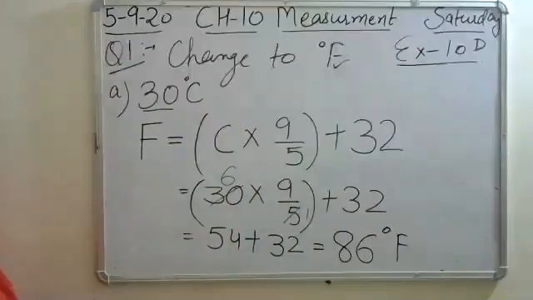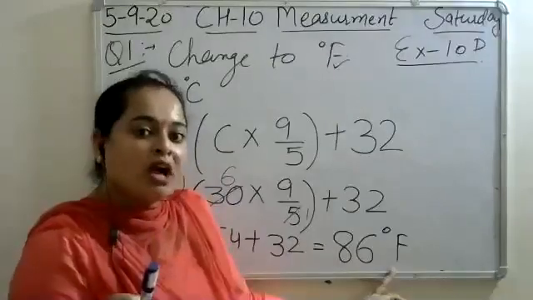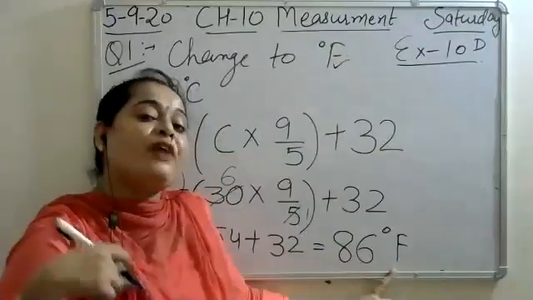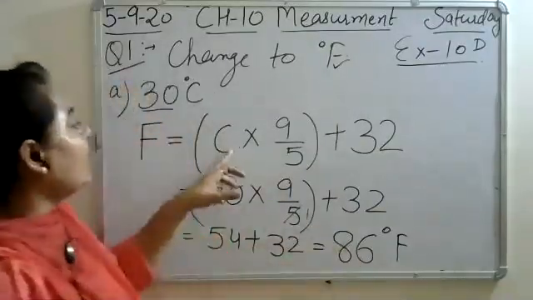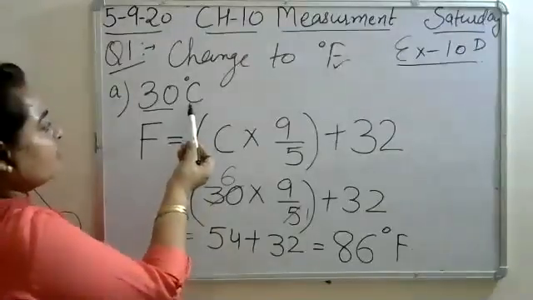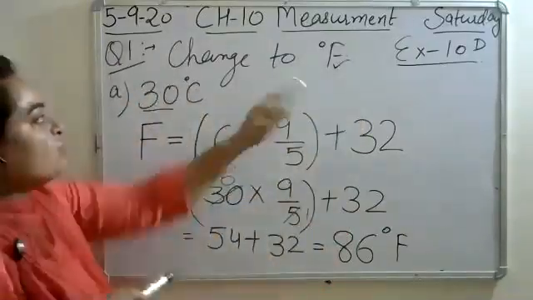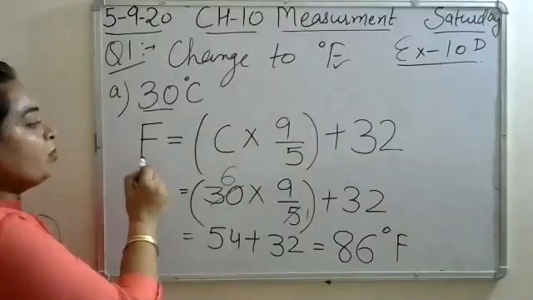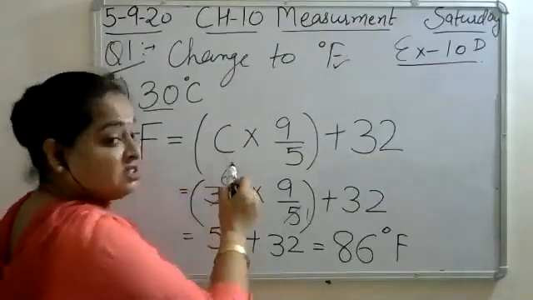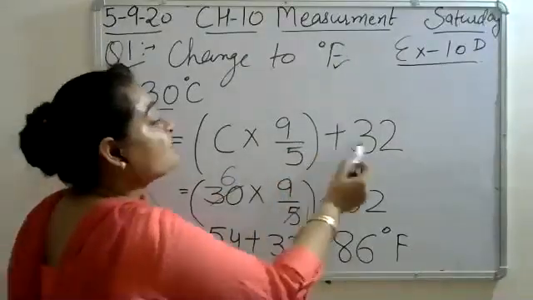After applying the formula, you will not write degree Celsius. In the end you will write degree Fahrenheit, because we have converted it into Fahrenheit with the help of this formula. I am repeating: Celsius is given and the question is to change to Fahrenheit, so we apply the Fahrenheit formula: under the bracket, C into 9 by 5 plus 32.